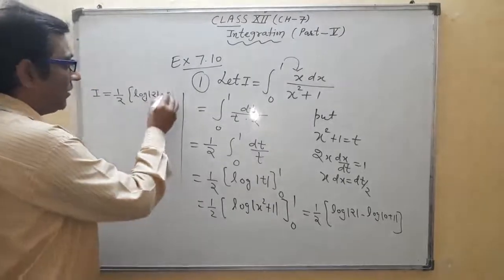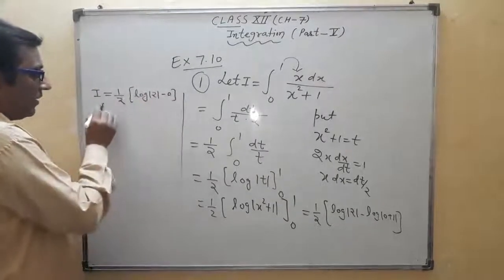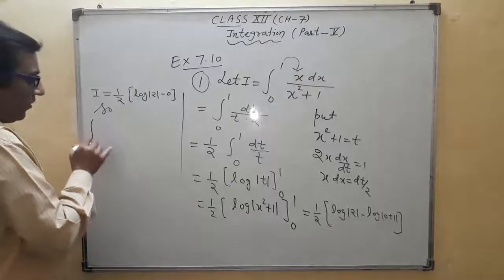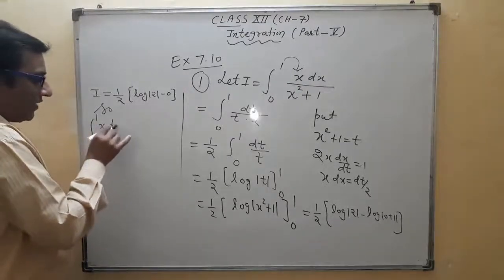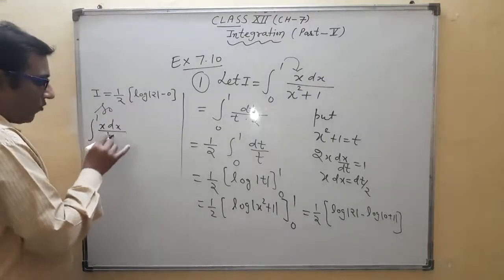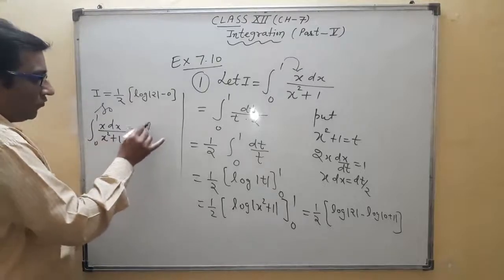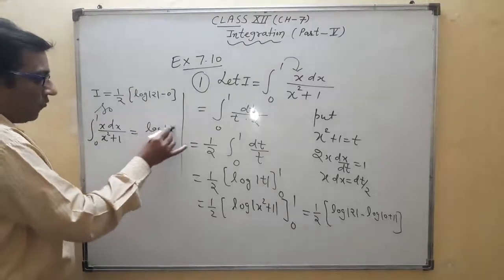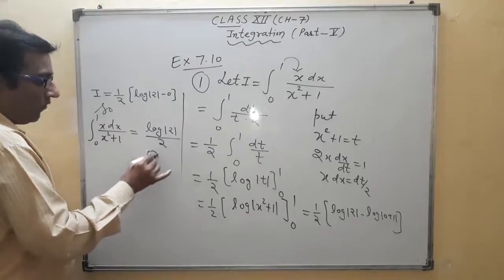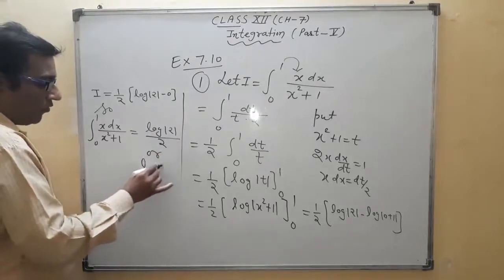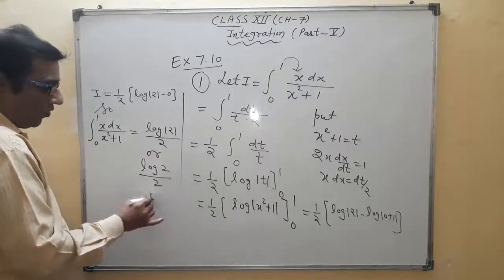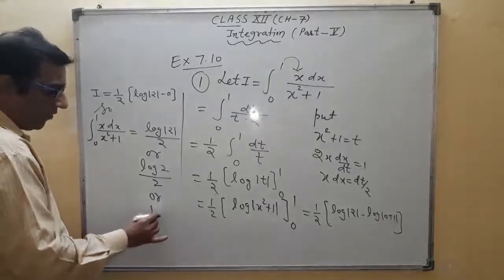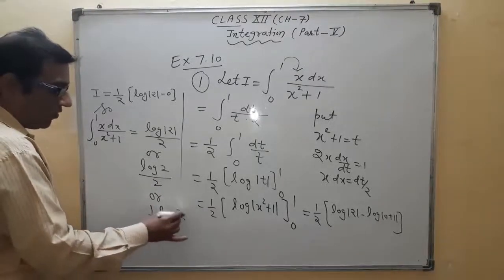Log 1 value is 0. So we can say the integration of 0 to 1 x dx upon x square plus 1 equals log modulus 2 upon 2, or we can say log 2 upon 2, or it can also be written as 1 upon 2 log 2.